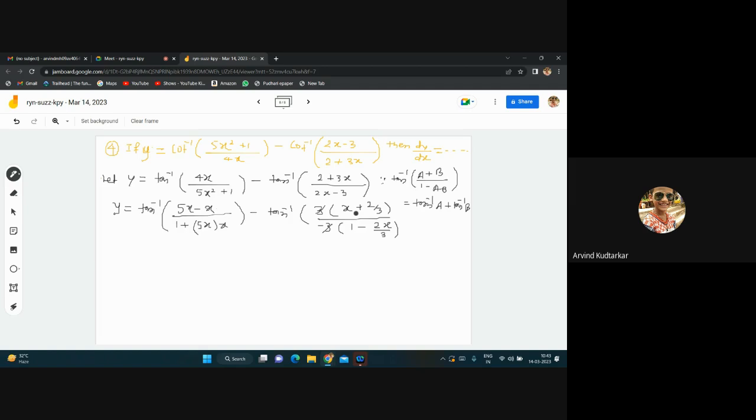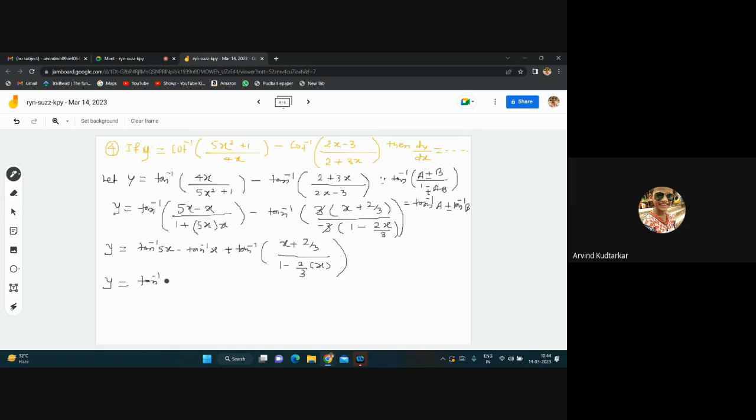(x plus 2 by 3) upon (1 minus 2 by 3 into x). Right? So in the second function we need to apply the same formula. So tan inverse of (a minus b) upon (1 plus ab) is tan inverse of a minus tan inverse of b.